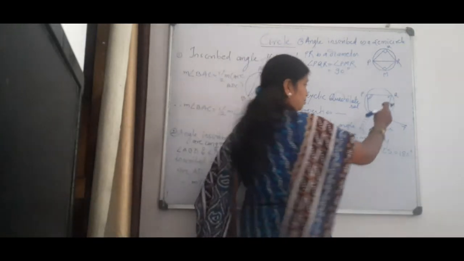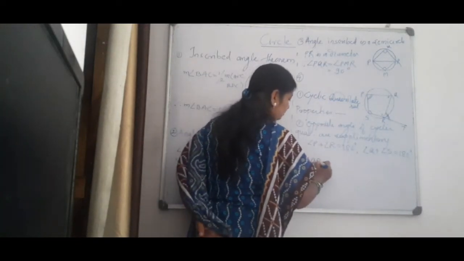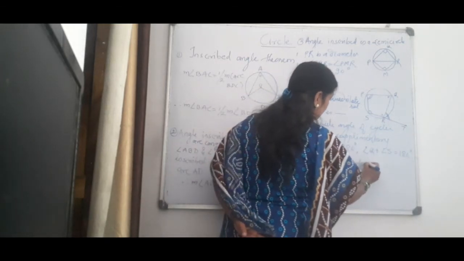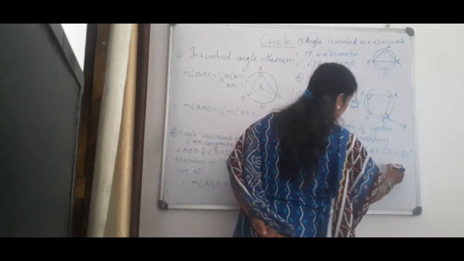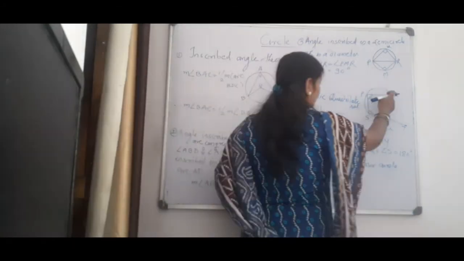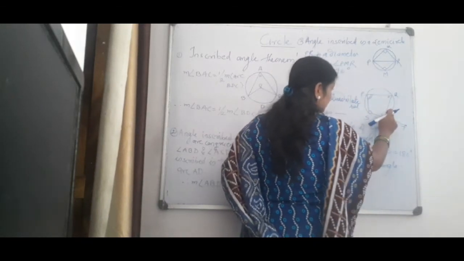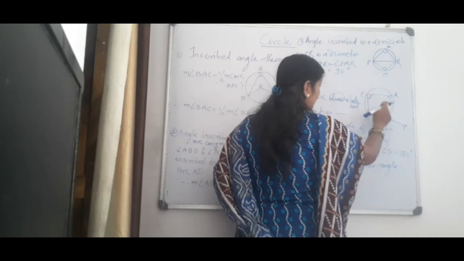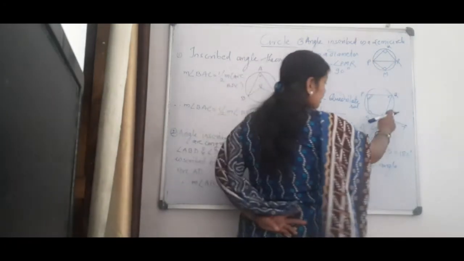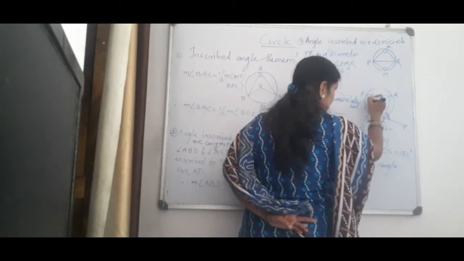Now the second property. Now see here, angle QRT is an exterior angle. Now what is the property of this cyclic quadrilateral? Exterior angle is equal to the opposite of the adjacent interior angle. This angle is equal to angle P, means QRT is equal to which angle?